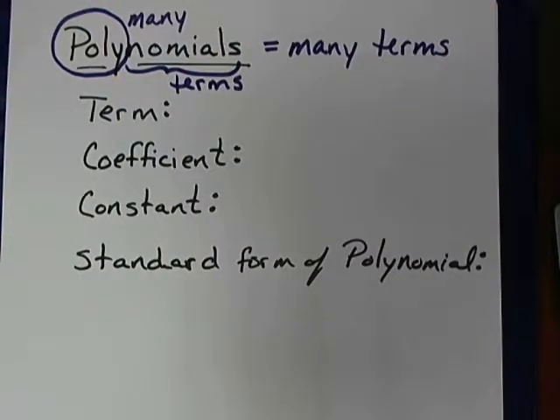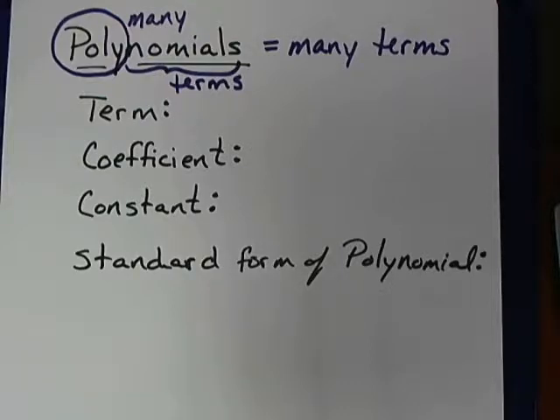Okay. Now, what's a term? We got to remember what that is. Remember, I said that is one of the key concepts that we need to leave this class with, is knowing what is a term. Okay? Now, a term is a number, a variable, or a product of numbers and variables separated by addition.